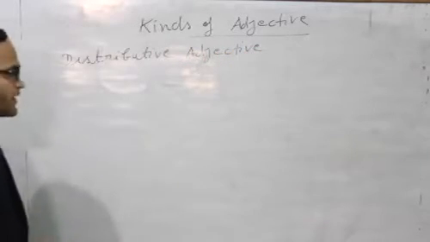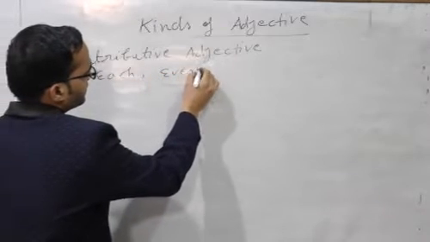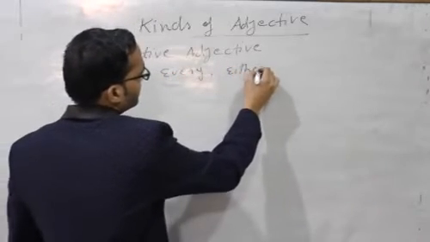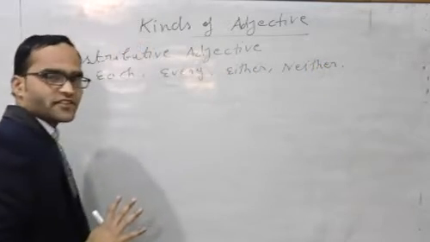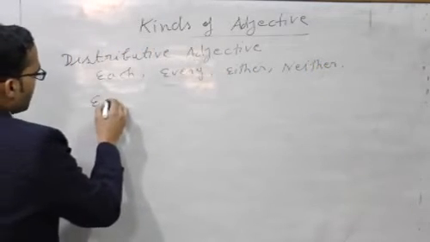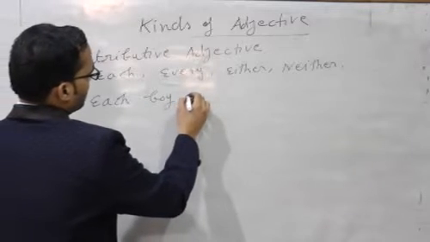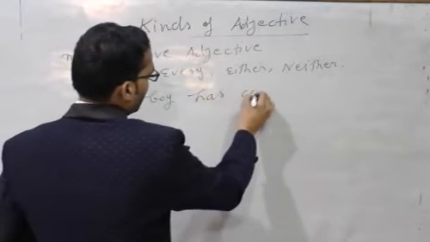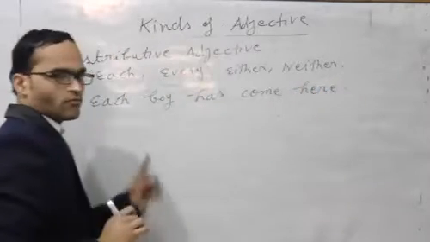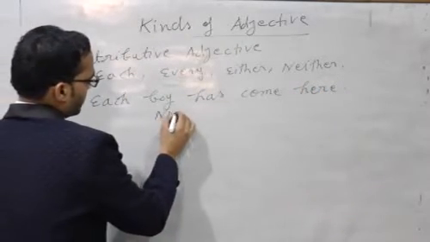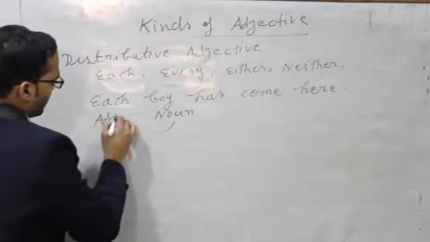Dear child, distributive adjective, each, every, either, neither. These are all distributive adjective. If I write down a sentence, each boy has come here. Here, boy is a noun, and before noun I have written a word that is an adjective.